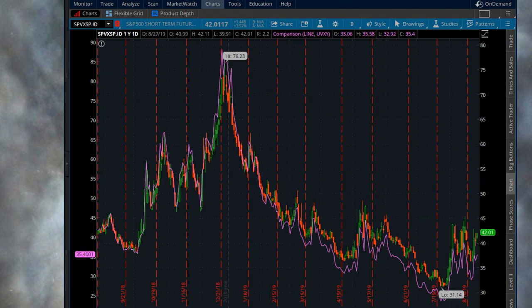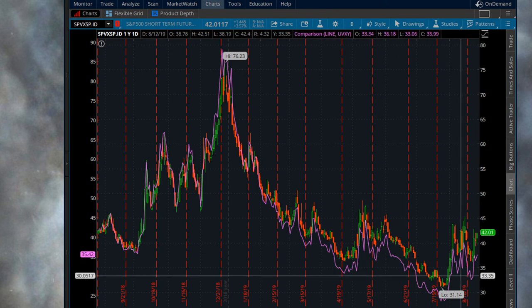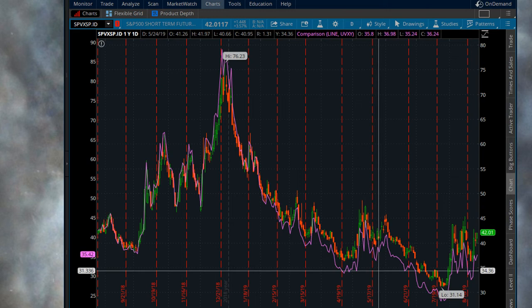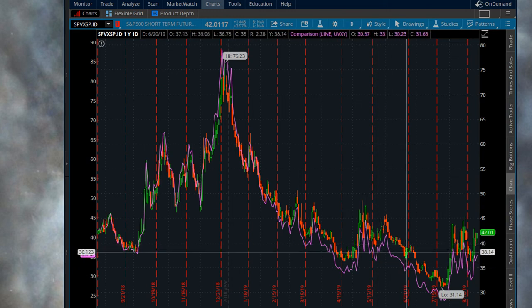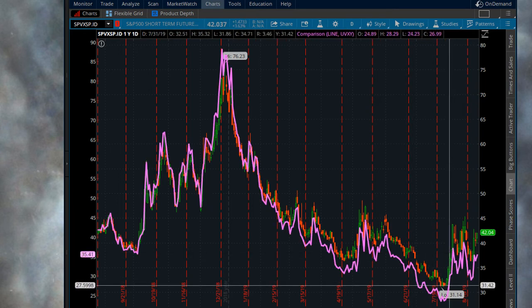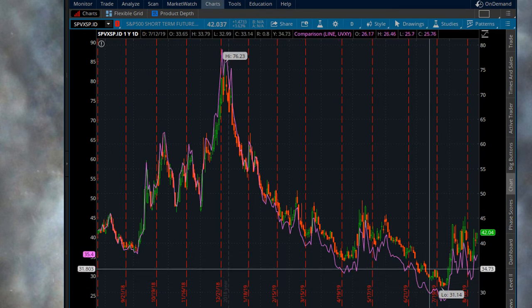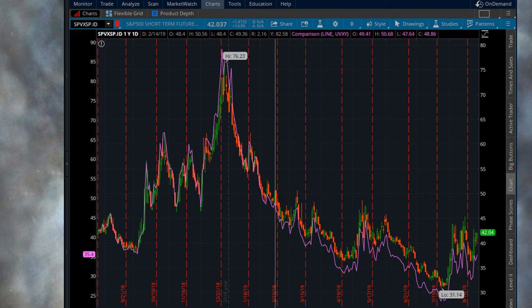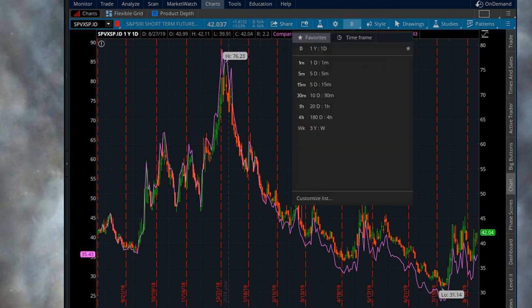But as we use more time, we're going to see that it's pulling away from each other. And actually, to do the math, if we want to look at a specific time period, we can see what's the percent move in the index, and compare the percent move to UVXY to see the actual amount of drift. But let's take a look at this on the 3-year chart and see what it looks like with that.